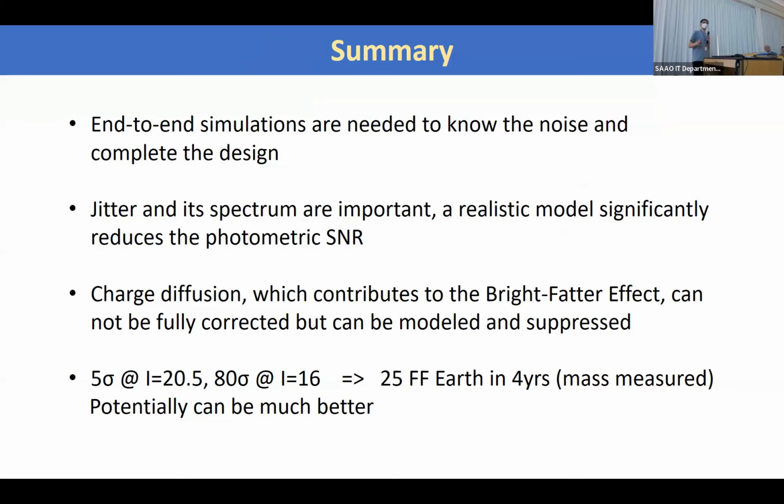The jitter and the spectral effect affect the simulation a lot, and the charge diffusion or brighter-fatter effect also affects a lot, but to some degree they can be corrected, modeled or suppressed. And finally, we have this output. Remember that our photometric pipeline is just a preliminary one, so potentially it can be much better in the future. So, thank you.